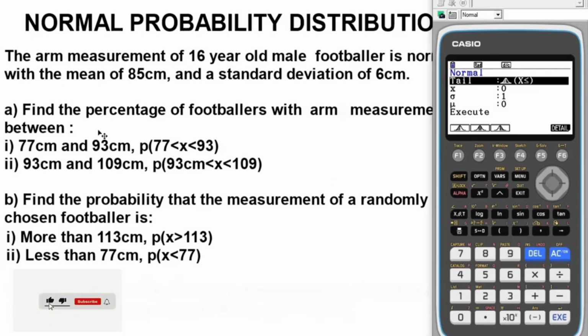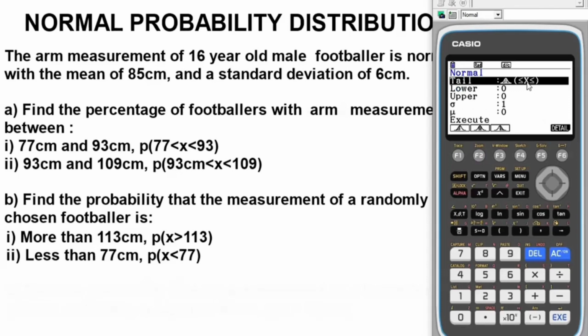Let's begin with the question. Part A says find the percentage of footballers with arm measurement between 77 cm and 93 cm. Under this option, look at the interval notation we're going to work with. We're going to work with this one. Press F2.